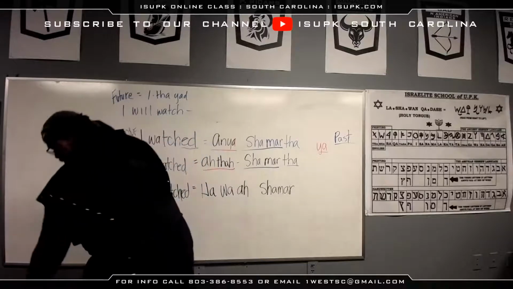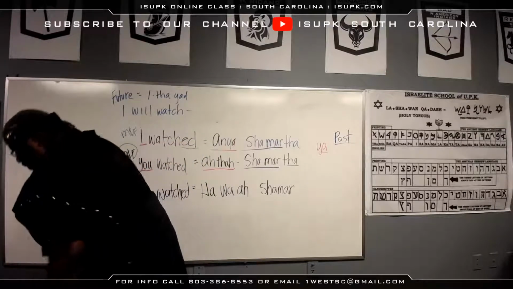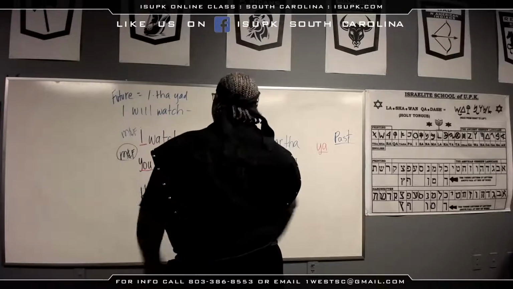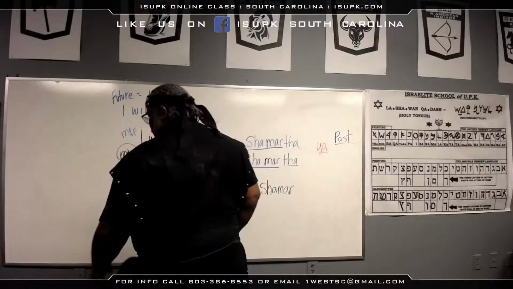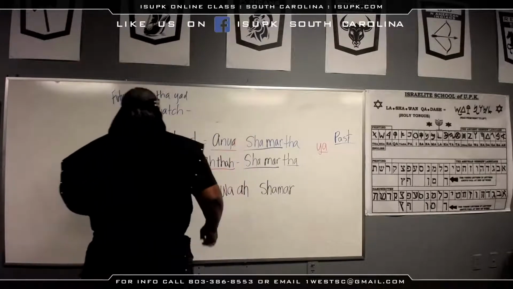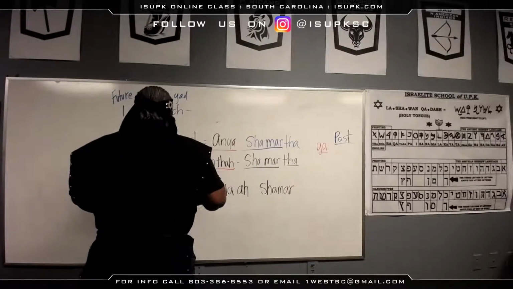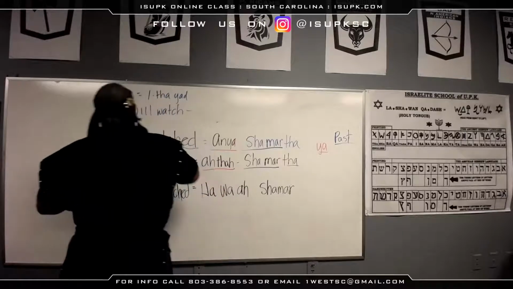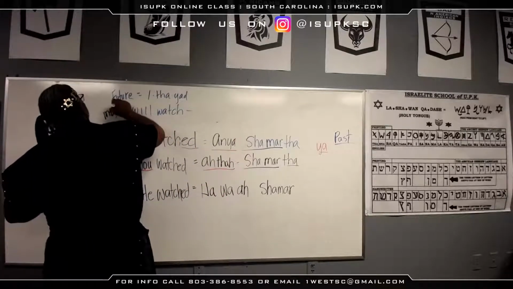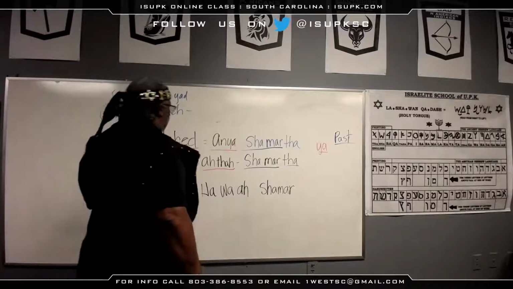Let's get another. There we go. If you want to do something in the future, you want to call it out in the future. You want to say I will watch. Now I will watch. In this case, we're going to do it in masculine and feminine.